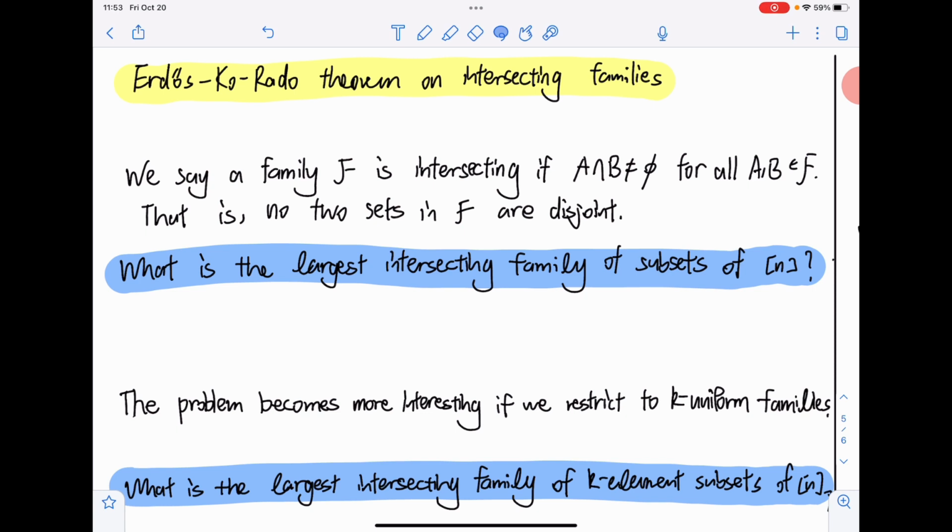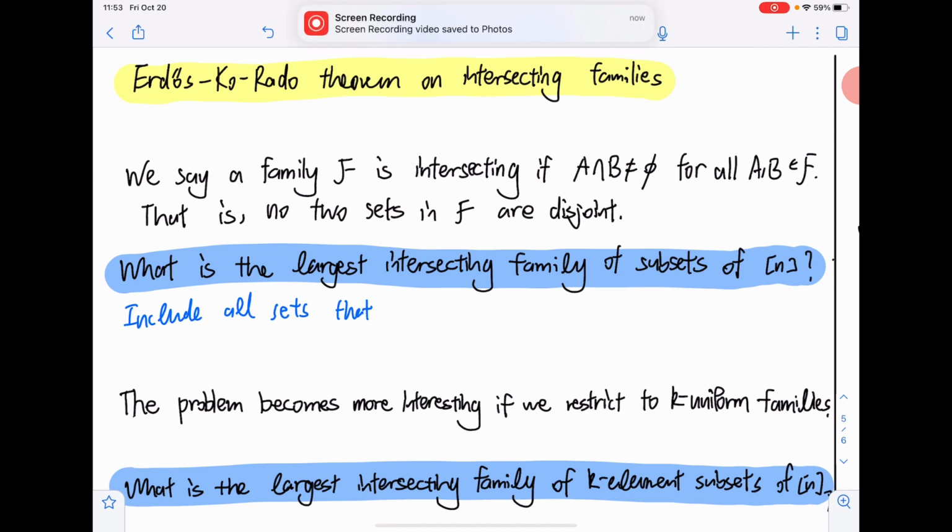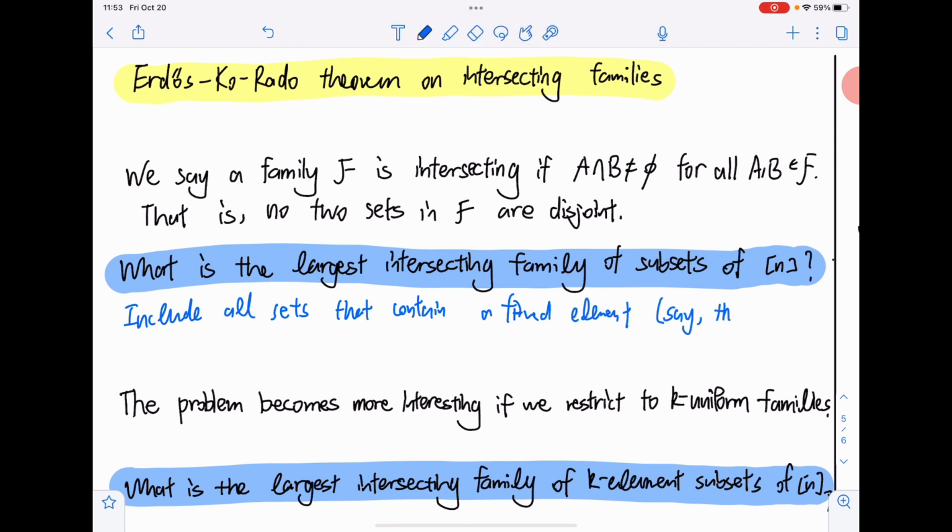What is the largest intersecting family of subsets of {1, ..., n}? One way is to include all sets that contain a fixed point as an element, say the element 1.